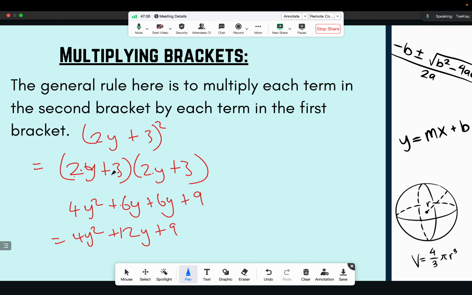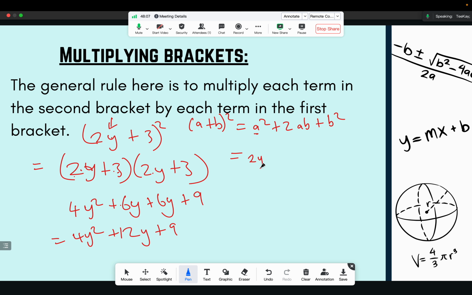But we can do this in an easier way. If you remember, we talked about if we have a plus b squared, this is equal to a squared plus 2ab plus b squared. So let's use this. Which one is a in this? 2y is our a.